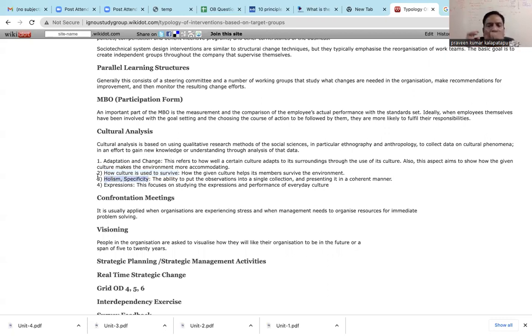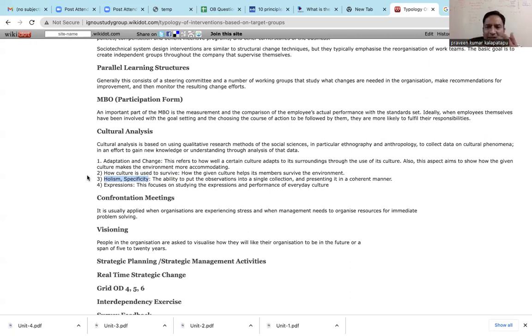Here you are getting a coherent picture, putting all the observations into one single thing, and trying to predict whether this particular cultural aspect is coherent or not. You have multiple small behaviors, you put them in one place and see whether there is synchrony, or rather whether this culture is coherent or not. So that is holism or specificity.